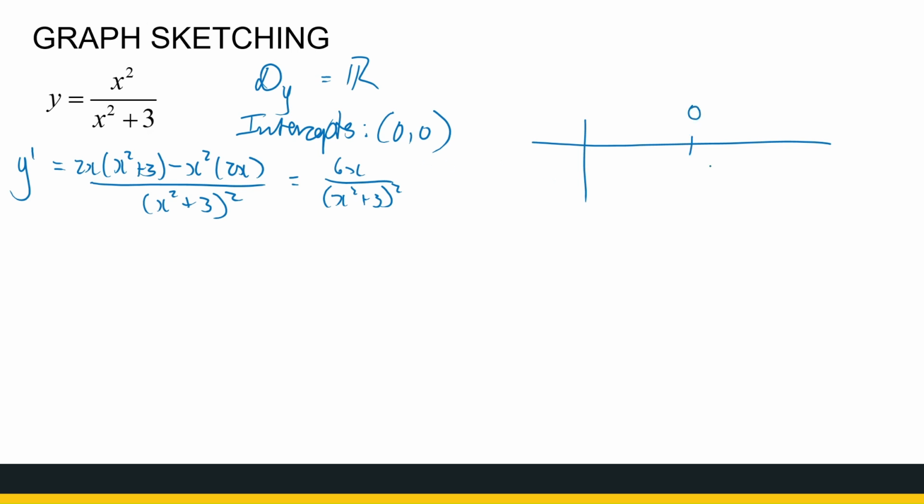So if x is equal to 0, I'm going to do it in parts. 6x is going to be 0 if x is 0. This is just a number line at the top. For any negative values, 6x is negative, and x squared plus 3 squared is always positive because it's a square of something that can't be 0.